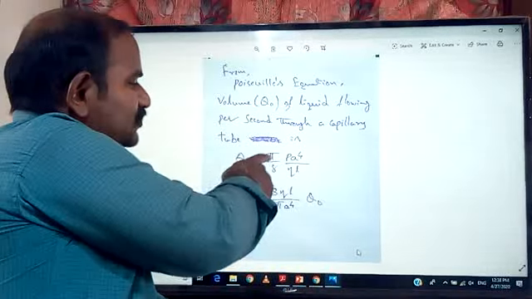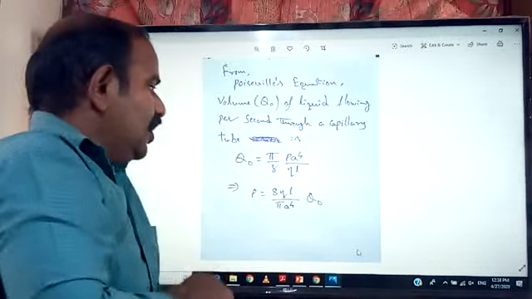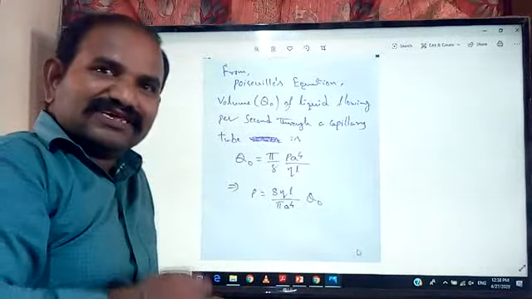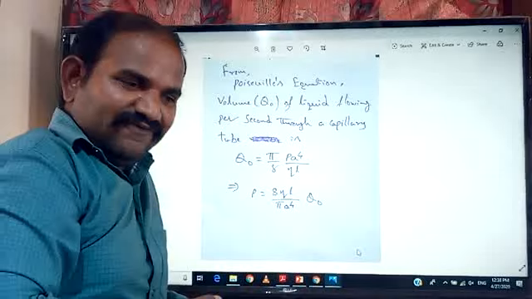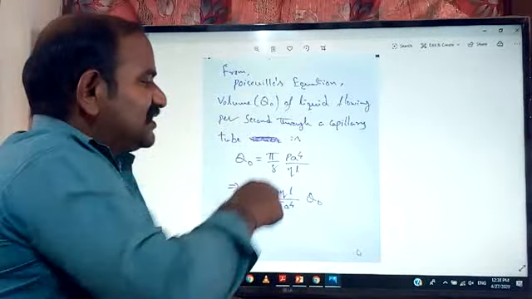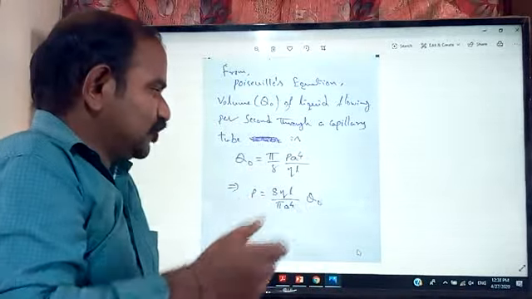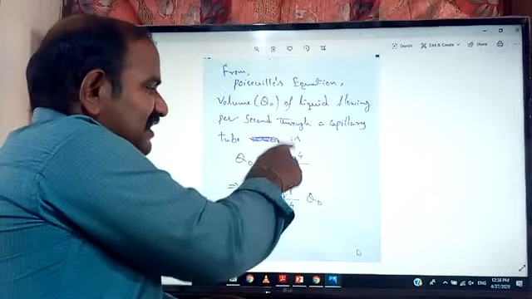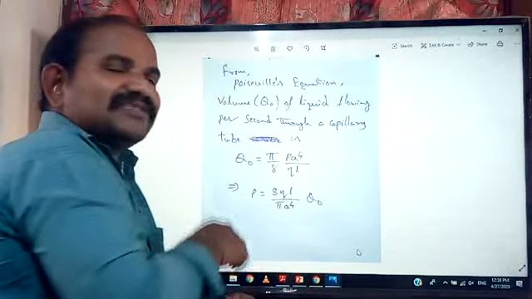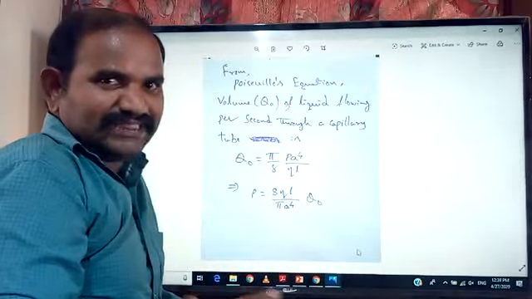So Q naught is equal to pi by 8 into P into a to the power of 4 by eta L. Here P is the pressure experienced by the liquid when it is flowing through the tube, and a is the radius of the tube, whatever tube you are using.